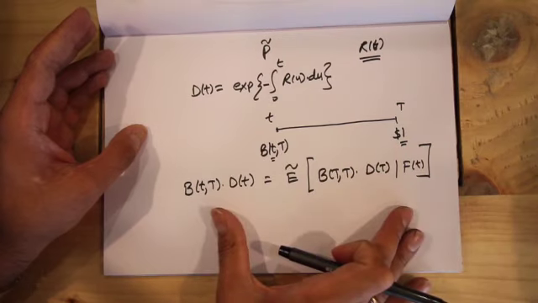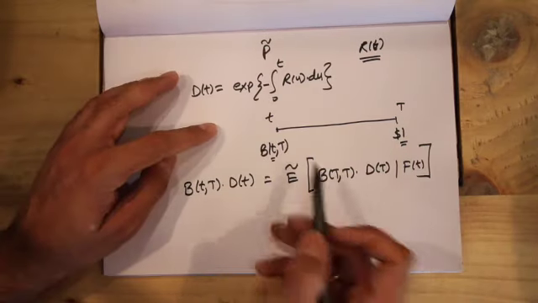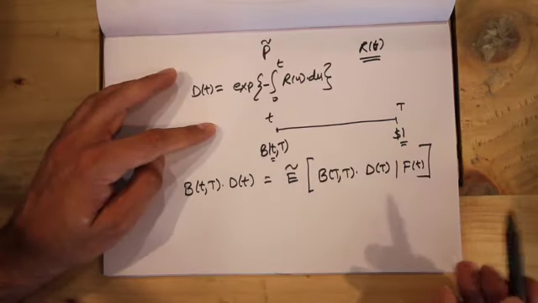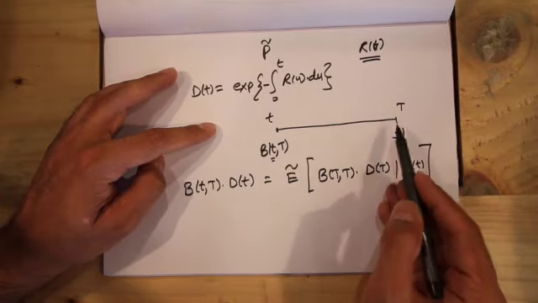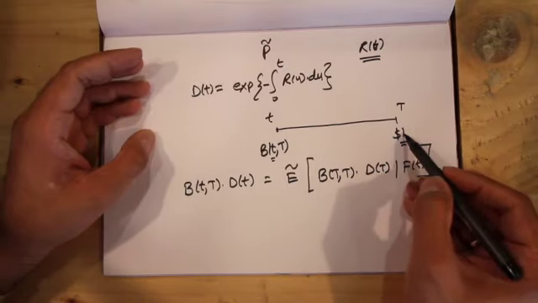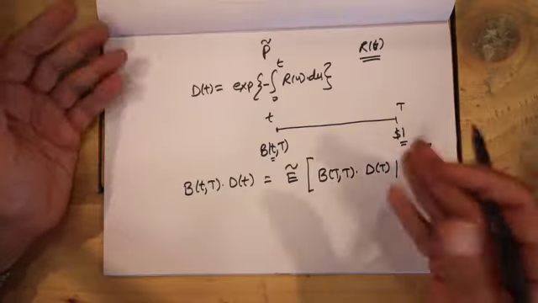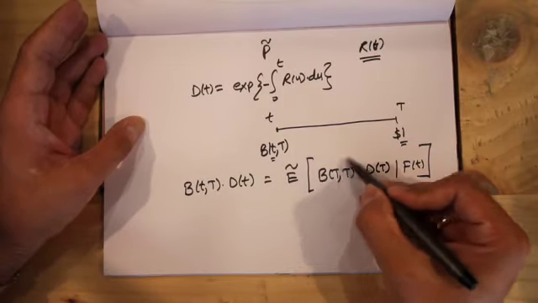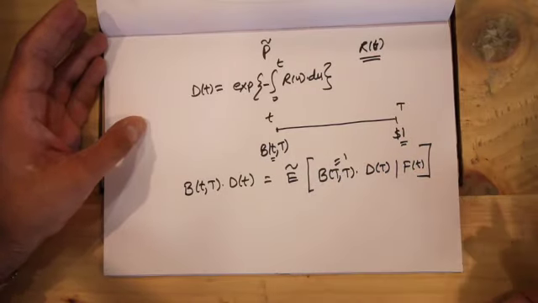This is just a simple application of the risk neutral pricing formula for our zero coupon bond. Now B(T,T) is just $1, because at time T we're going to get $1 back. So this is equal to 1.